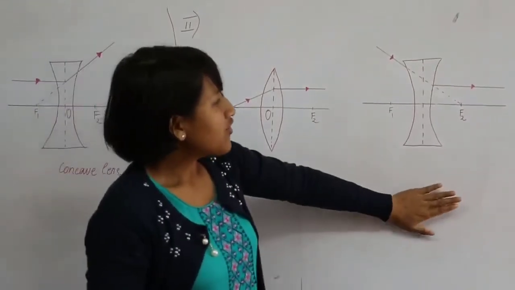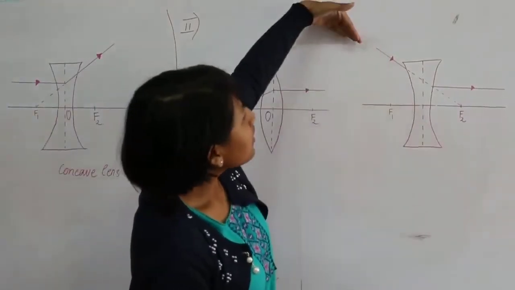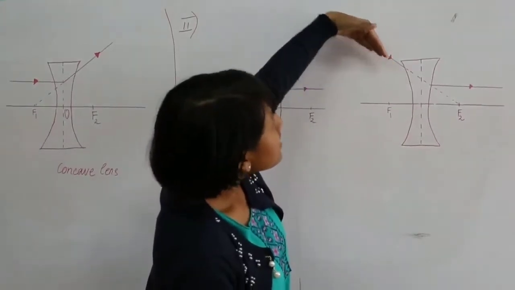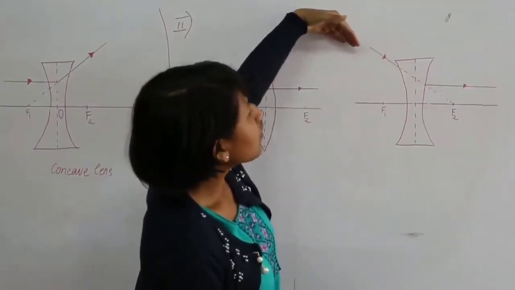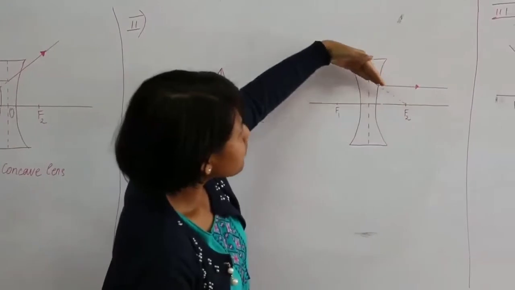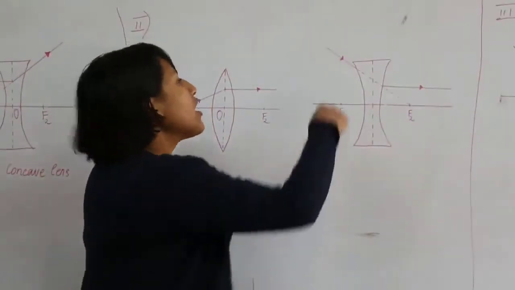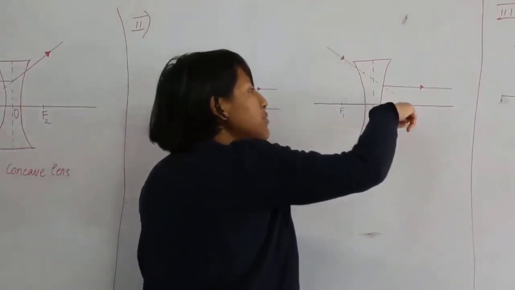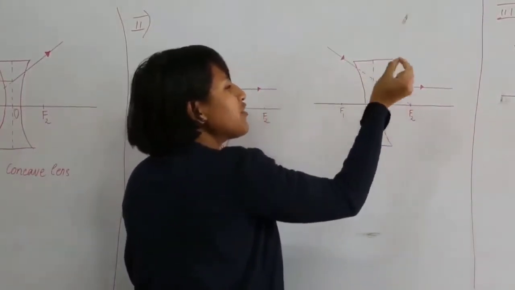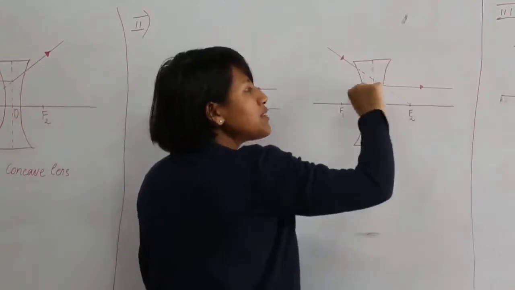For a concave lens, when a ray of light seems to be going to the second principal focus, after refraction it becomes parallel.